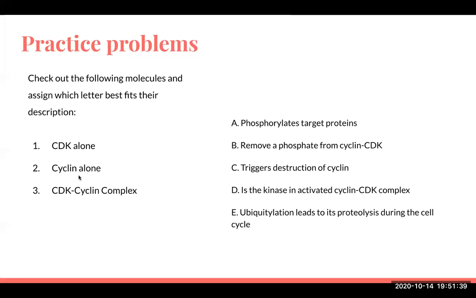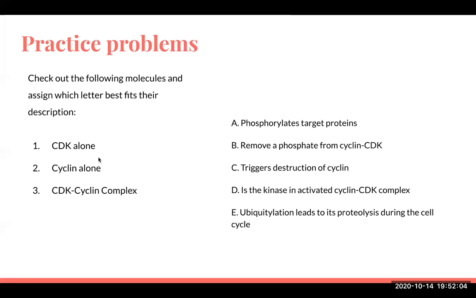Cyclin alone, so cyclin actually doesn't phosphorylate anything. It's not a kinase. CDK does phosphorylate things, however, it needs to be in the complex before it can phosphorylate anything. Cyclin by itself doesn't phosphorylate anything, but it allows CDK to phosphorylate target proteins.